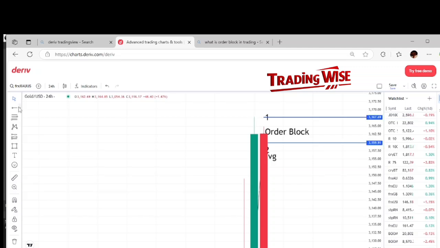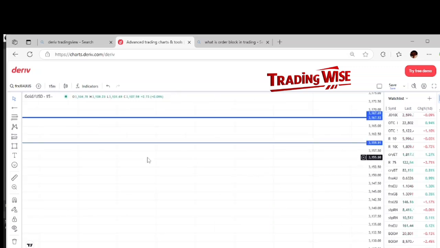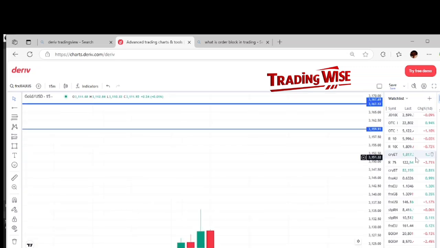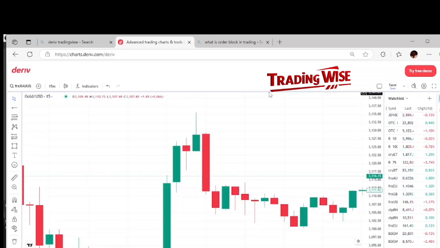So the previous day high was somewhere here, and I saw that if that's the highest point the market went yesterday, there's a higher probability that today the market will not break over that point. So that is why when that order block was formed, I quickly made use of it.